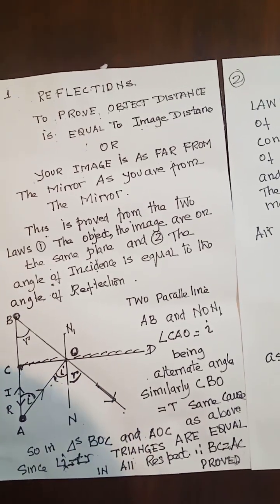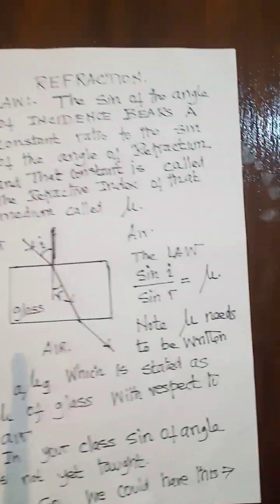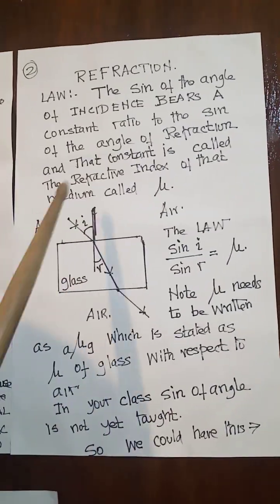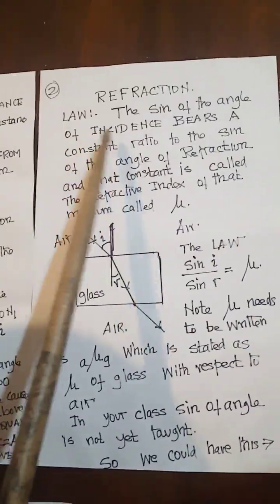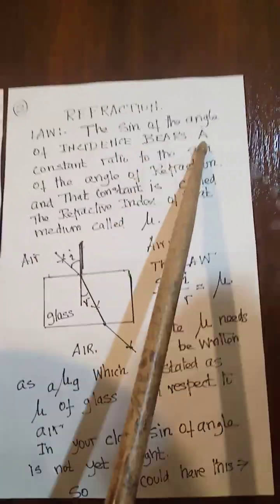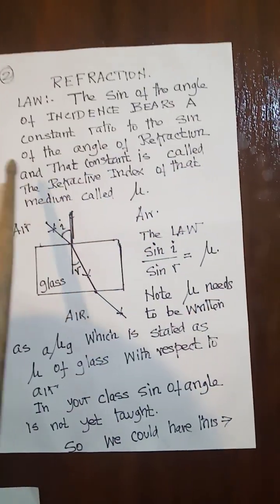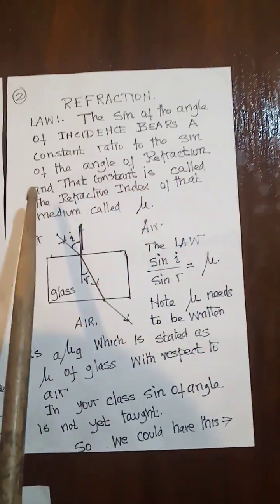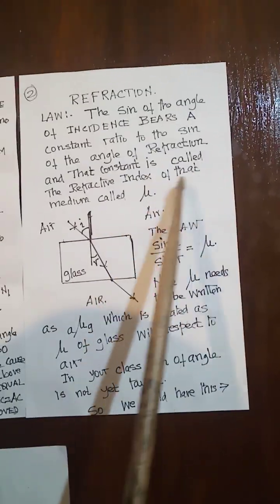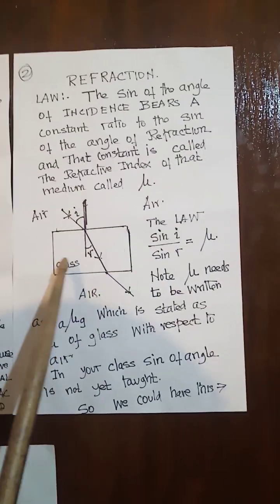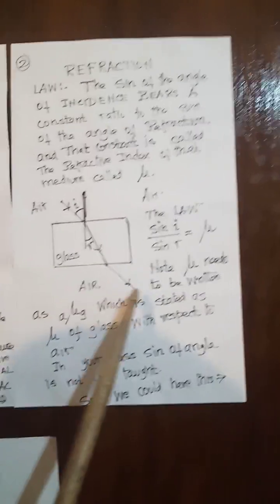So this is 1. So now we'll come to refraction. Here, the sine of the angle of incidence bears a constant ratio to the sine of the angle of refraction, and that constant is called the refractive index of that medium, called mu. So this is glass, this is air all around, and this is glass.